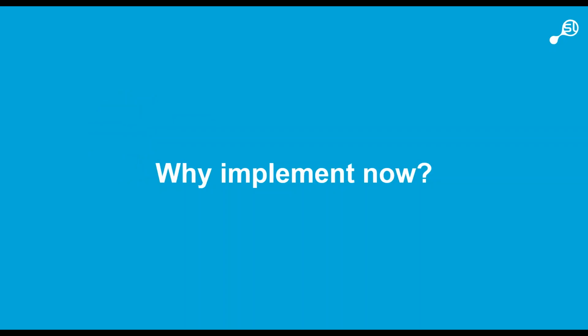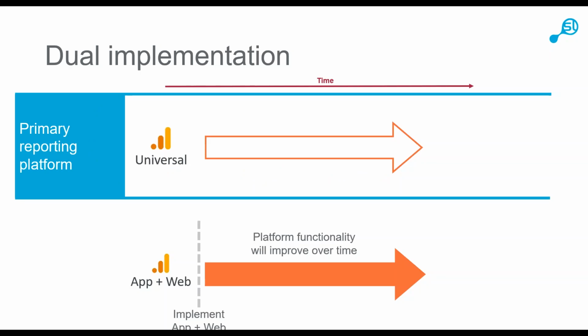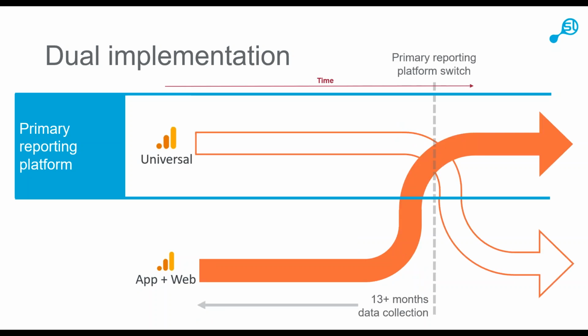Just a little bit more around why it is so important right now. What Google and ourselves are recommending to all of our customers is that now is the time. Don't wait for App and Web to come out of beta and be a ready product. Implement it now. The reason being is that you will benefit in months to come. You will be able to migrate to this as your primary reporting solution quicker.